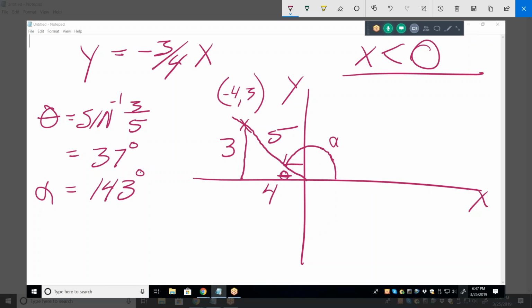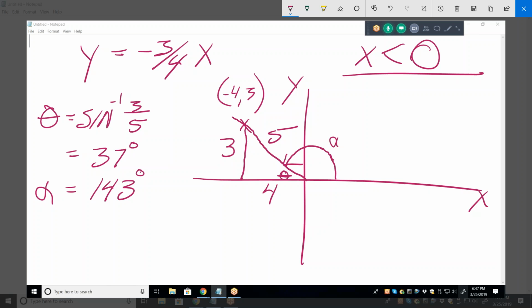Sine is positive in the second quadrant because it's 3 over plus 5. And incidentally, when you're talking about polar, the hypotenuse is always positive no matter what quadrant it's in. But you use the sign of the x and the y based on whether they're positive or negative.